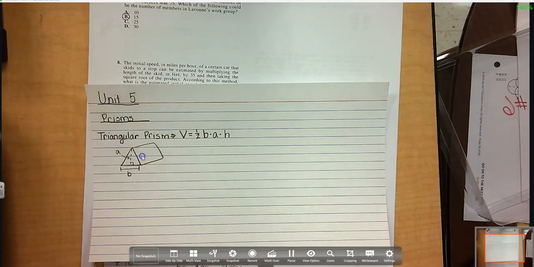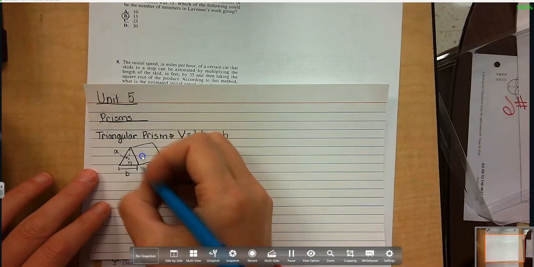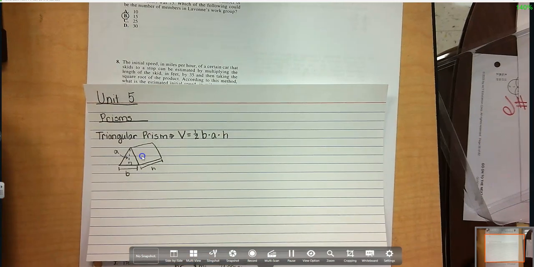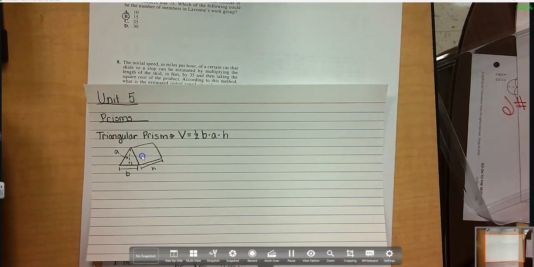So it's not a slanted side, it's how tall that triangle is from the point down to the base right there. And then we would call this side right here the height of the prism. Okay.